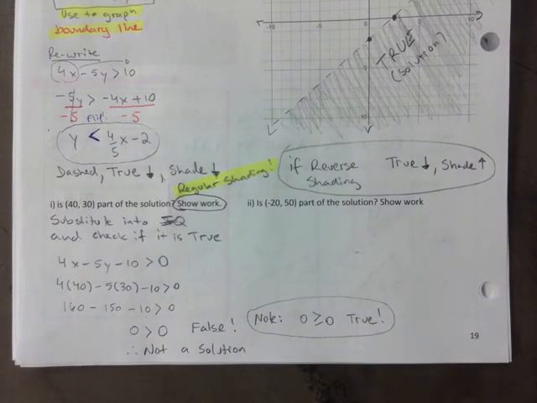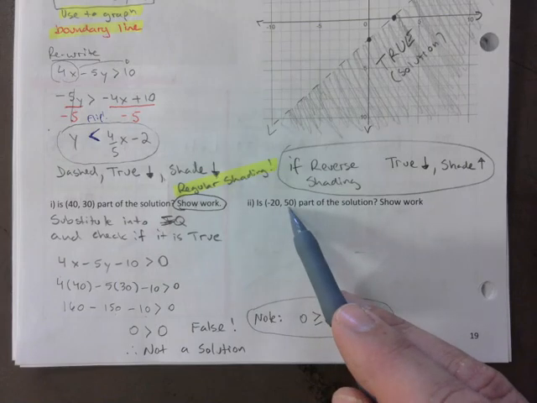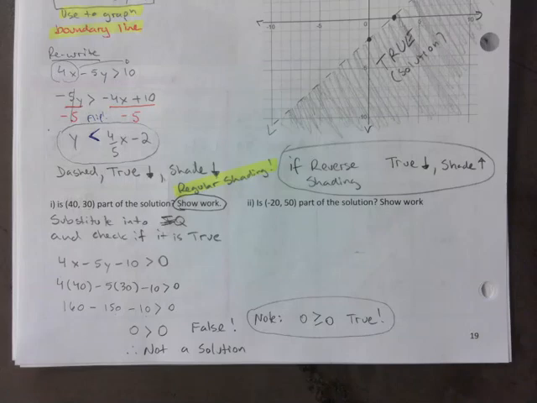So it's this inequality not having that equal sign that makes it false. Okay. All right, try the next one here. Plug this into this inequality and see if it's part of the solution. Yeah. Give it a try.